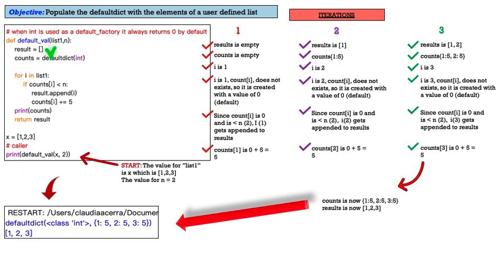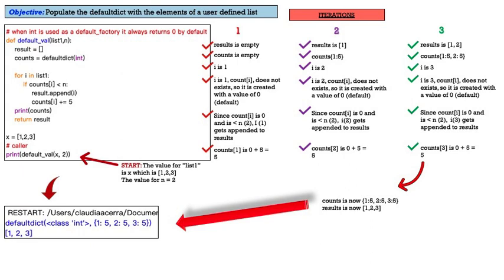So we start, results is empty. Our list is empty at this point. Counts, which is our defaultdict, is also empty. i is 1, right? Because it's going to evaluate the very first element in our list, which is 1. If i is 1, counts[i] does not exist. So what happens when an element doesn't exist and it's presented a defaultdict? It creates it. Now when it creates it, again, the default factory is an int, so its value will be 0 by default.